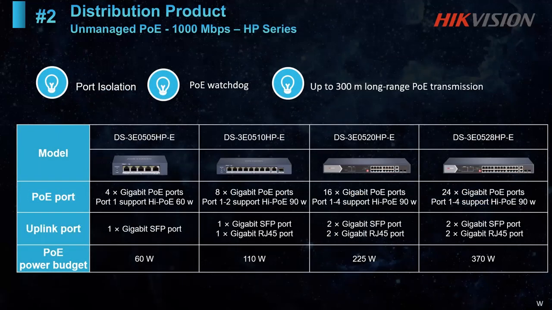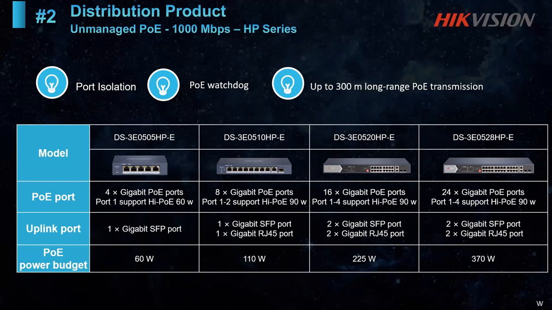Here we can see the HP series, the high PoE series of these unmanaged PoE switches in our distribution product lineup. These switches have the port isolation feature, the PoE watchdog feature, and a long transmission range up to 300 meters. I think even the earlier switches that we have explained so far have these features, PoE port isolation and PoE watchdog, and Yasanta already informed you in an earlier slide, so you already have an idea about these two features.